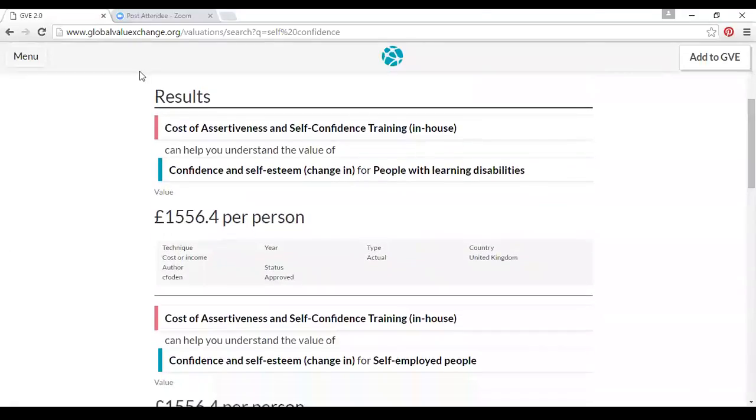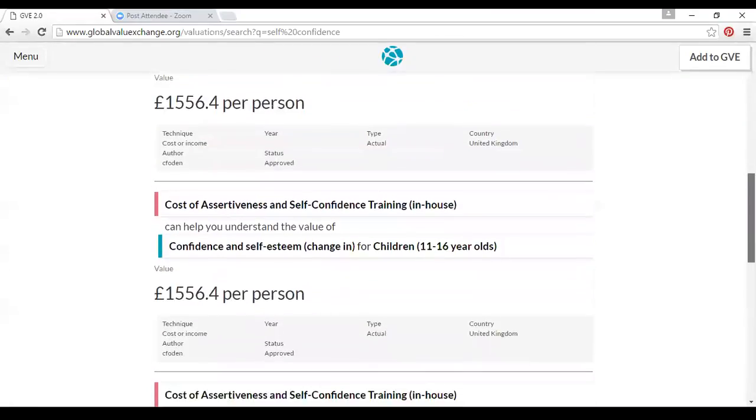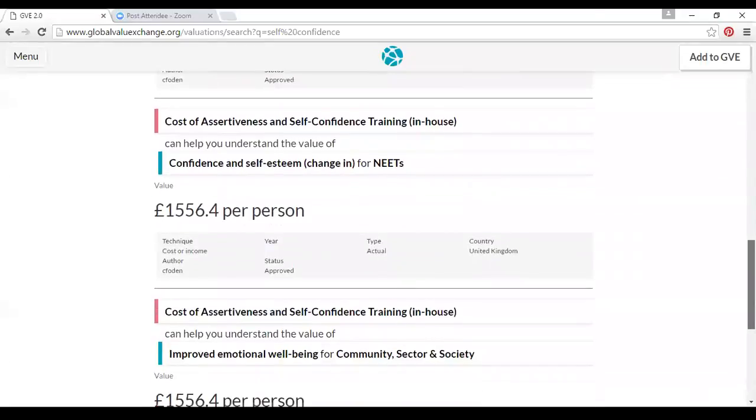So for improved self-confidence, what they've used as their financial value is someone having assertiveness and self-confidence training, and that looks like that's the figure that's been used on all of the different valuations.